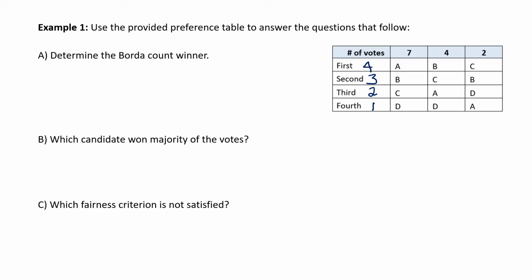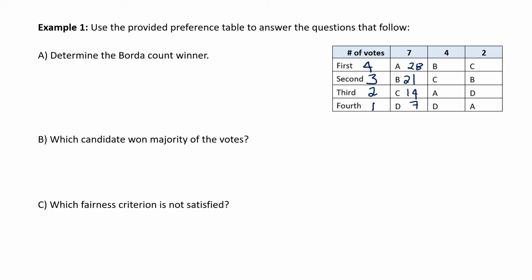Let's do the first ballot for A, B, C, D. 7 times 4 is 28. 7 times 3, 21. 7 times 2, 14. And 7 times 1 is just 7.